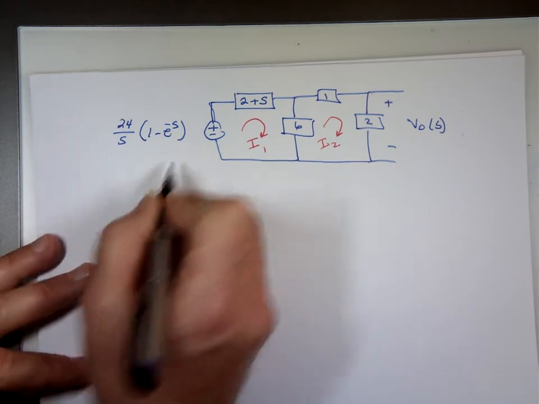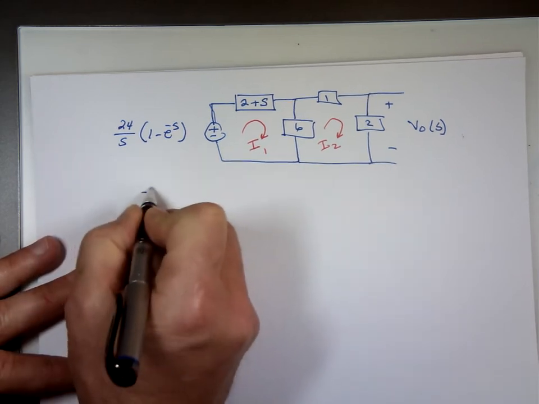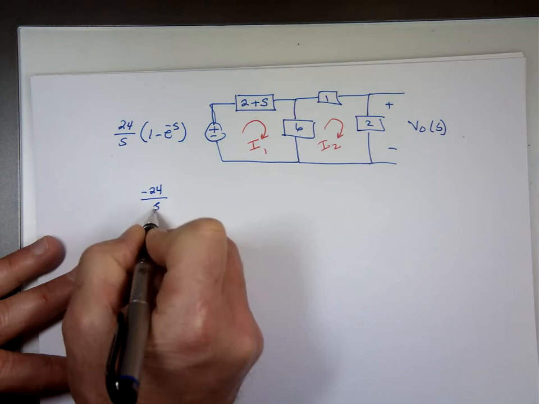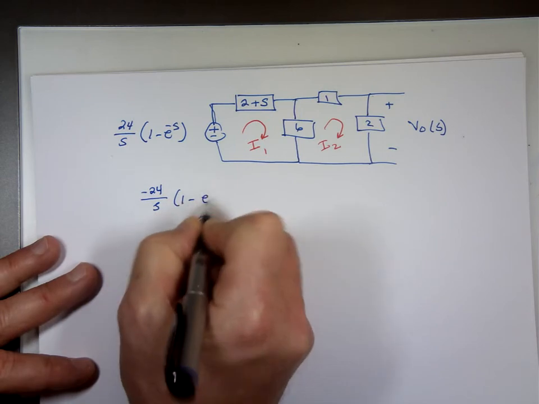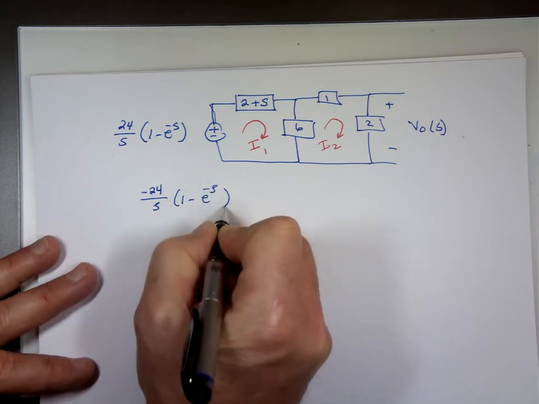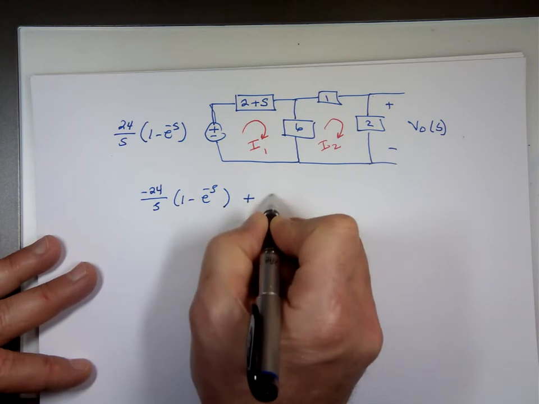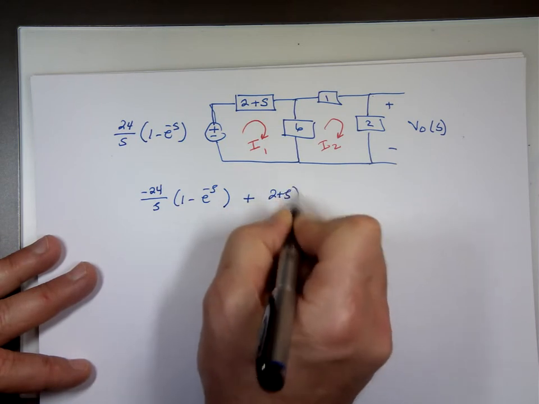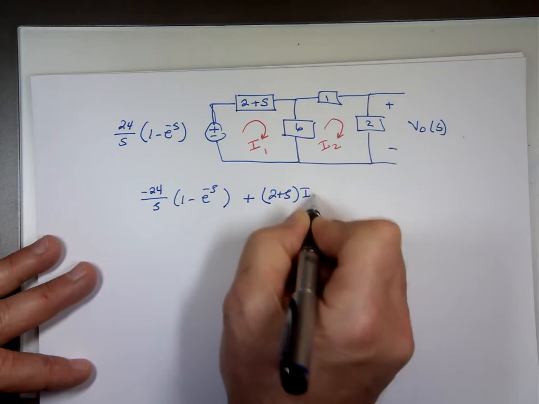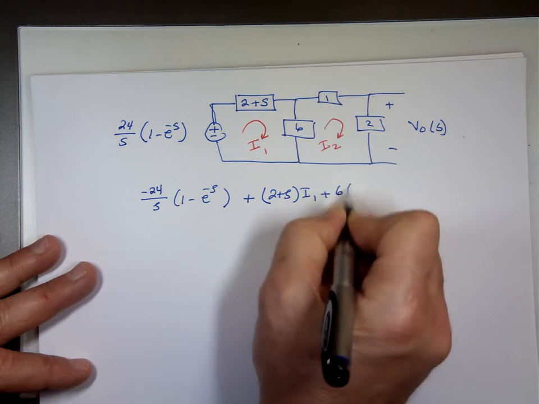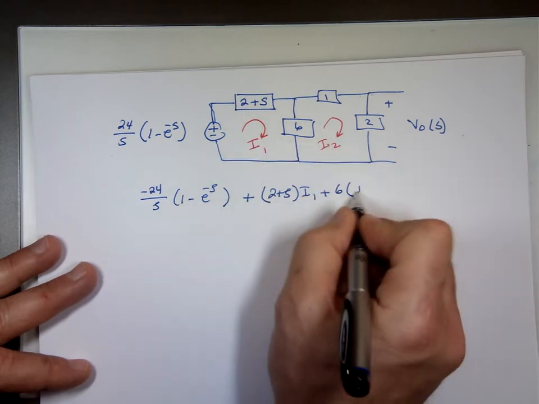So that would be a negative 24 over S times 1 minus e to the negative S, plus 2 plus S times I sub 1, plus 6 times the current down, I sub 1 minus I sub 2.